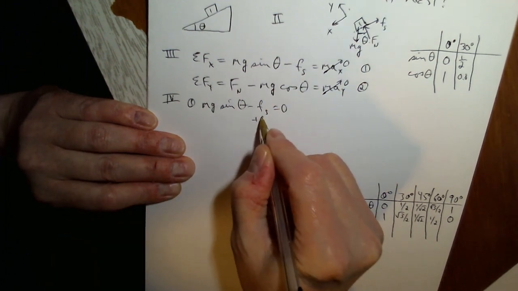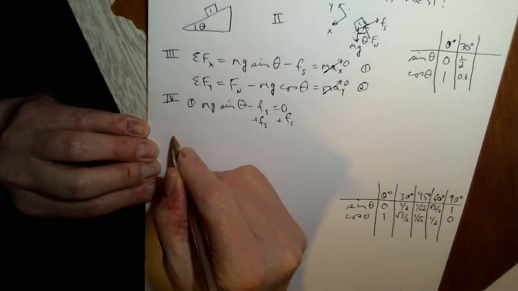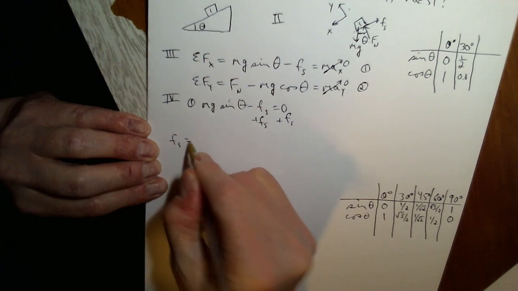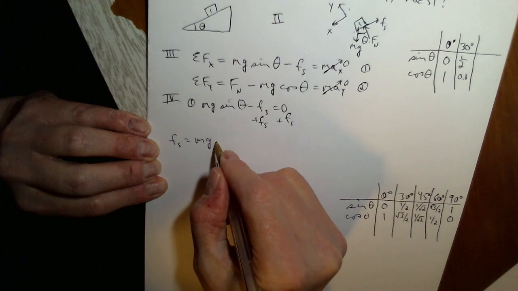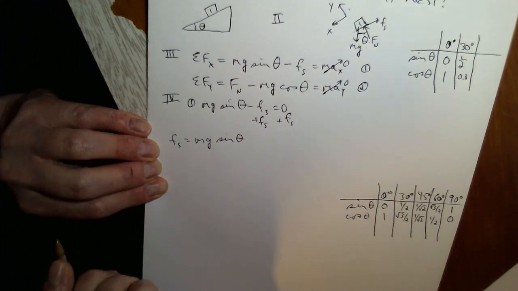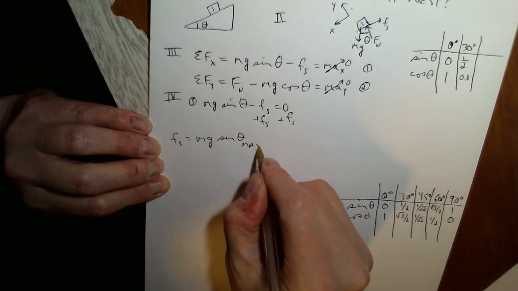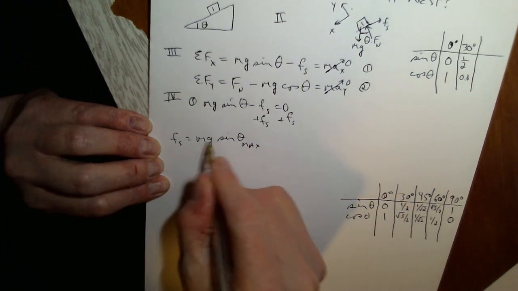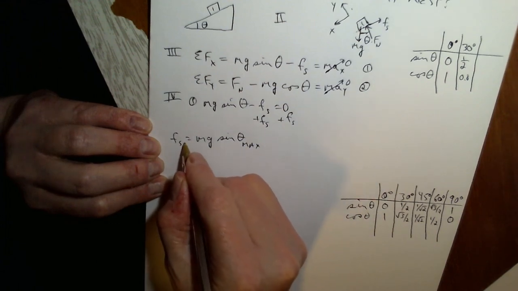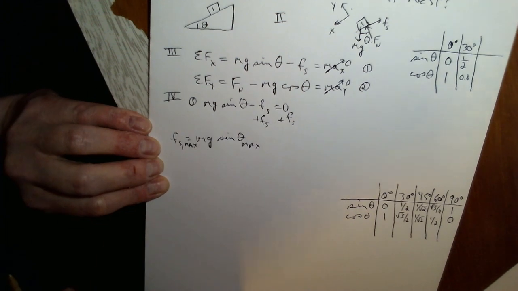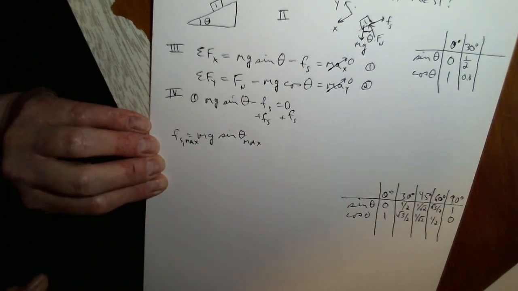If I add Fs to both sides, I come up with static friction is equal to mg sine theta. And if I put in that theta is its maximum value, then m and g don't change. Sine theta increases to its maximum value, so static friction increases to its maximum value. So I get that Fs max is mg sine theta max.